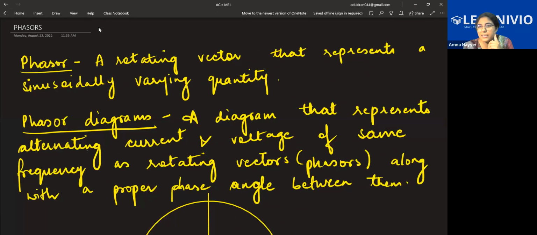Phasors are basically, see, current is a scalar quantity, potential is a scalar quantity. But if you have to compare them, how can you represent it?